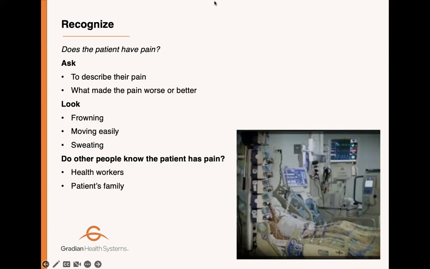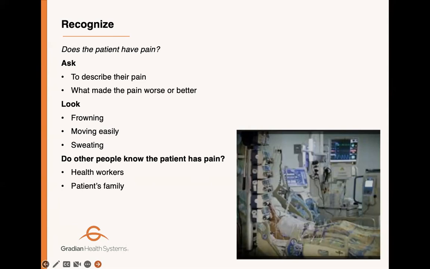If they cannot communicate, then we need to look at them. Are they frowning? Are they moving easily? Are there any physiological parameters changing, such as the heart rate, the blood pressure, and whether patients are sweating?